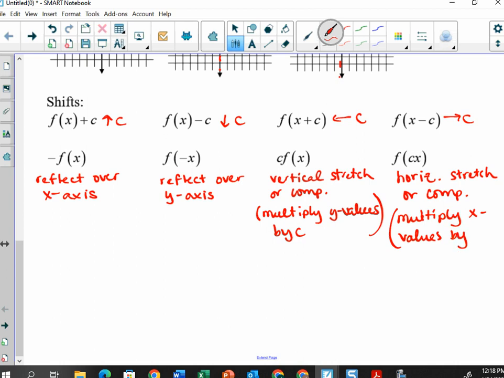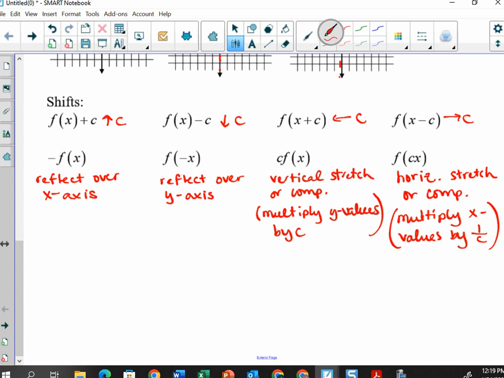Okay, but what you do, you multiply the x values, not by just c, but by the reciprocal of c. So by 1 over c. If you think back to when we did it with trig graphs, like if you had a 2 as your coefficient, didn't you take the x-axis and divide everything by 2?